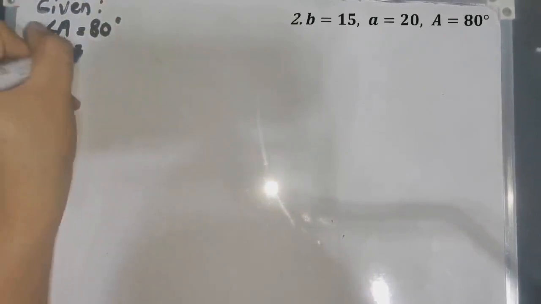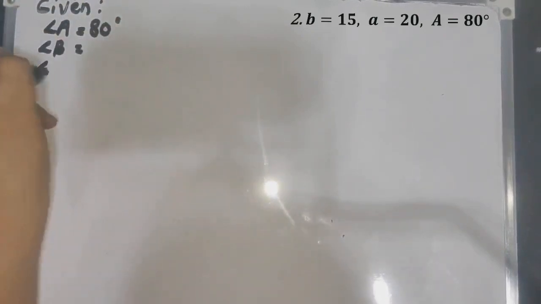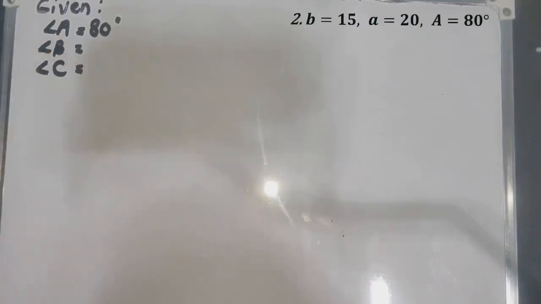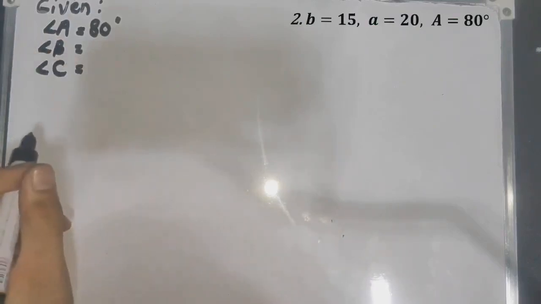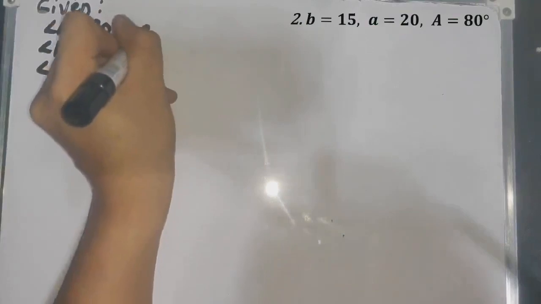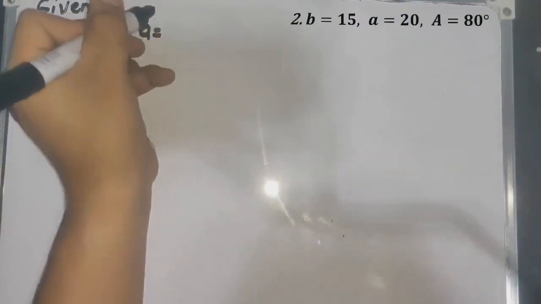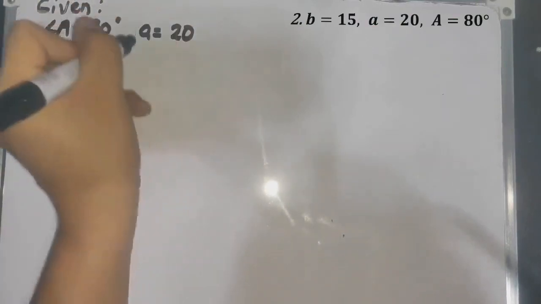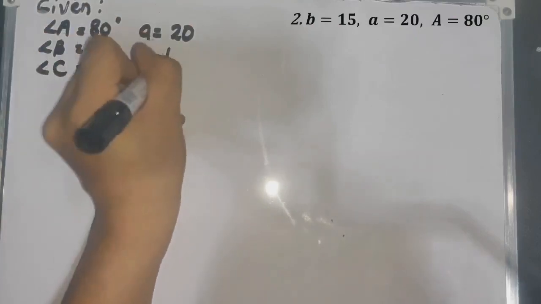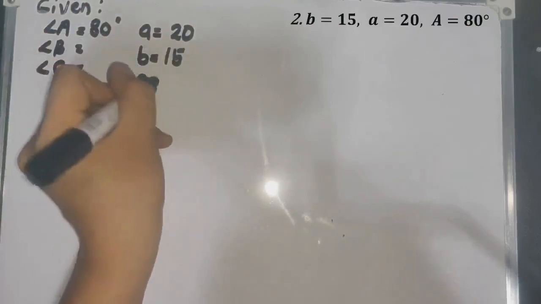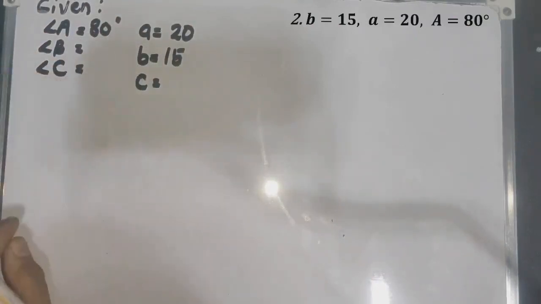Angle B, so walang value. Kailangan nating isolve. Angle C, wala ding value. Kailangan nating isolve. Next is a side. Side A is 20. Side B, 15. And side C, kailangan din nating isolve.